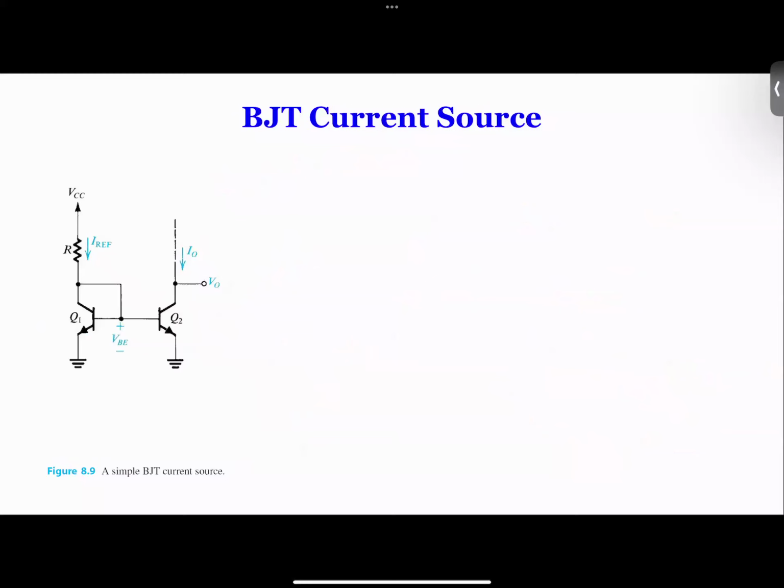So if we assume beta is infinity, then IC1 equals IC2 equals I reference.